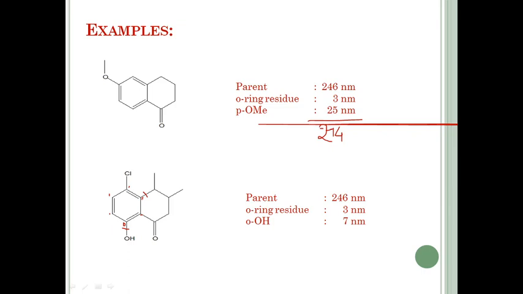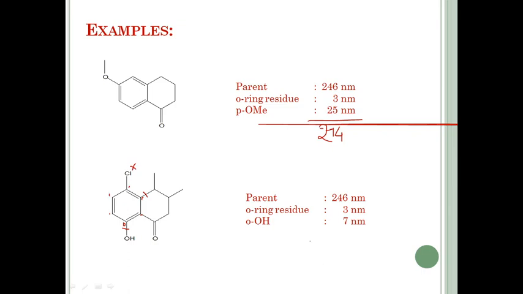So ortho position is over. Now come to meta position. Meta position has a chloro substitution, and as we already know, a chloro substituent at meta position will not have any increment. And at para position there is no substitution.